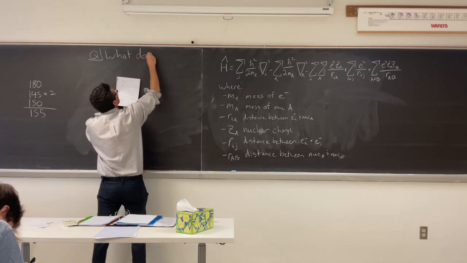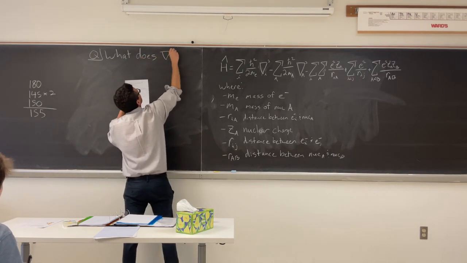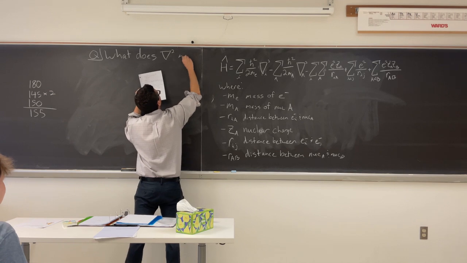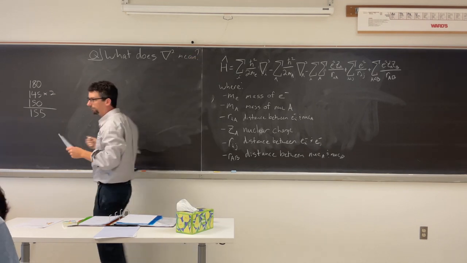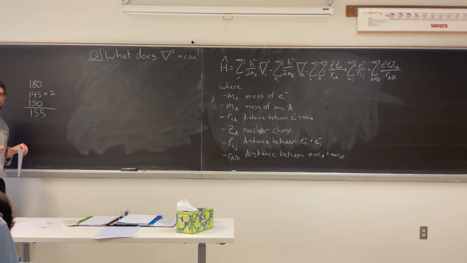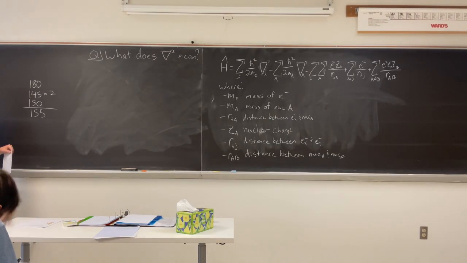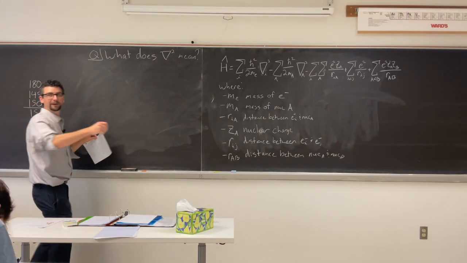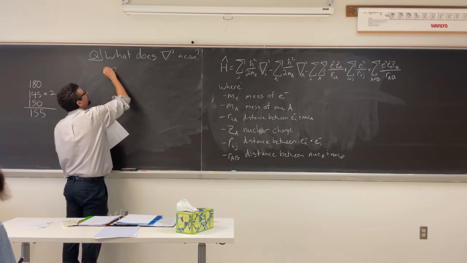What does upside-down delta squared mean? Anybody have an idea? Can you tell me what it means mathematically?